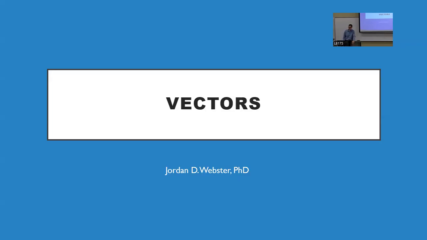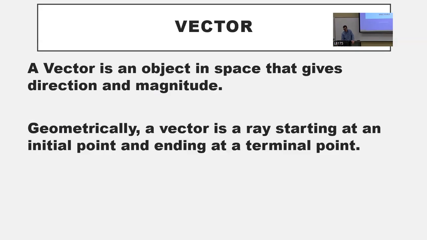All right, so this section we're going to look at vectors. A vector is an object in space that gives magnitude and direction. So it's going to give us a length and a direction. A lot of times these are represented by arrows when you draw it in 2 dimensions.